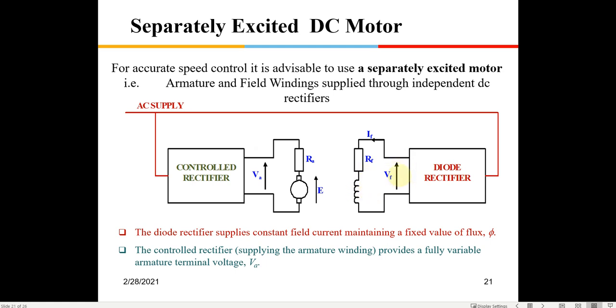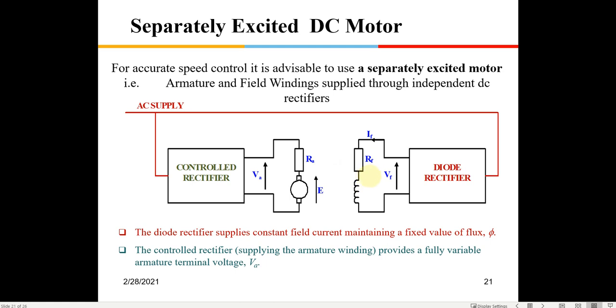A decrease in field current, as I just explained, increases the speed, because it reduces the back EMF by reducing the field. That will increase IA, and torque is proportional to IA.